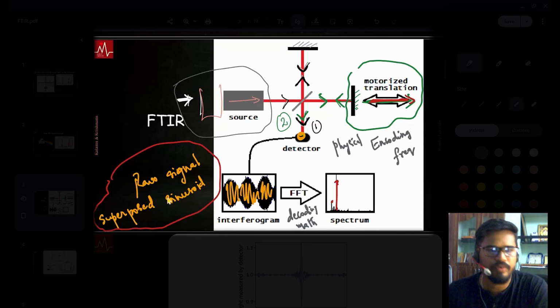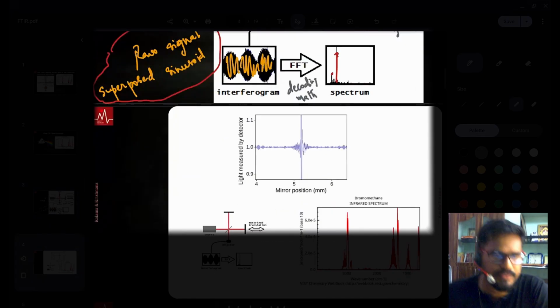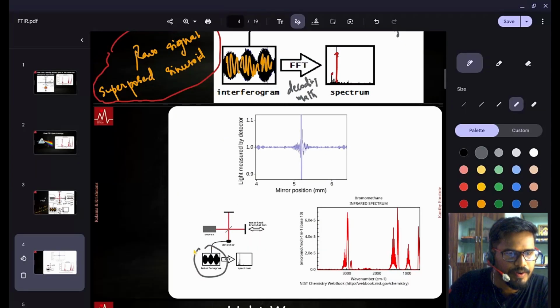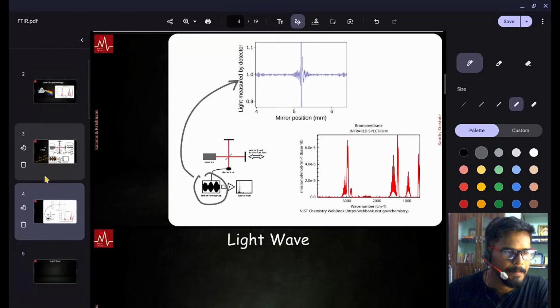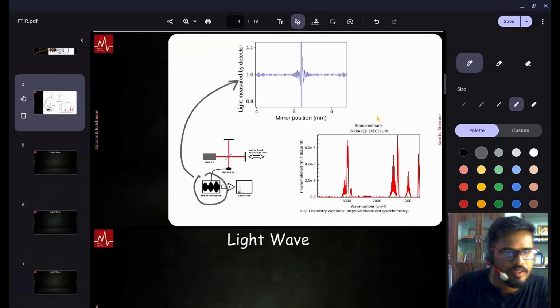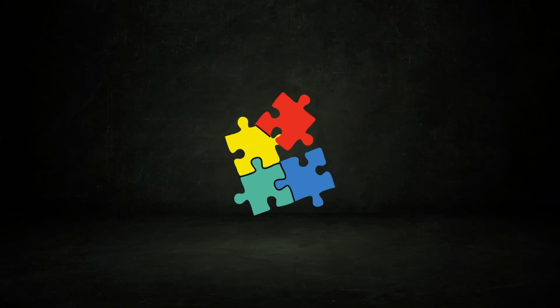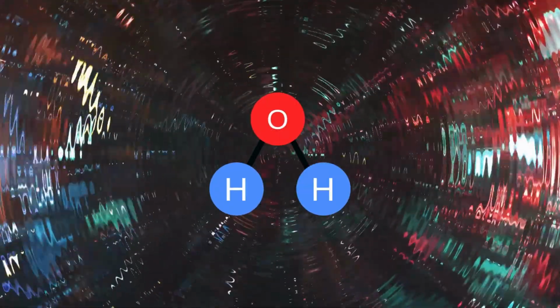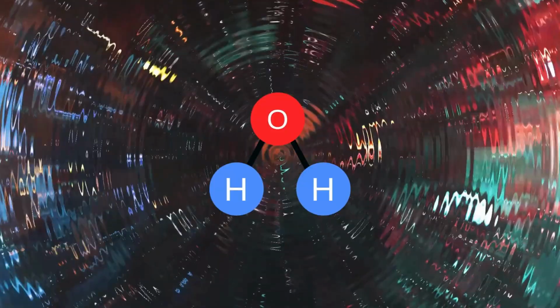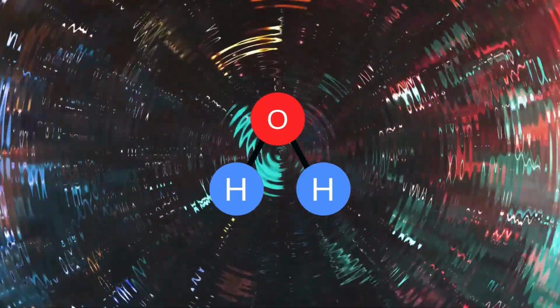If you look at the raw signal, it will look something like this. The signal is shown here, and you take the Fourier transform of that, you get the spectrum. So the question is, how does this mirror movement magically give you a chemical absorption spectrum?